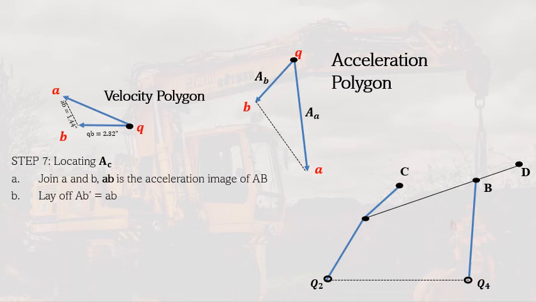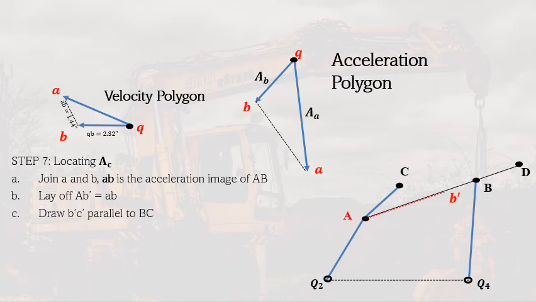So we draw that from A. So this is the AB prime. You can see that this AB prime, its length is the same as AB. So you measure this one with a ruler, and from point A, you draw AB prime. The direction is towards B because we wanted to get the mirror image of AB in our acceleration polygon. So that is the AB prime.